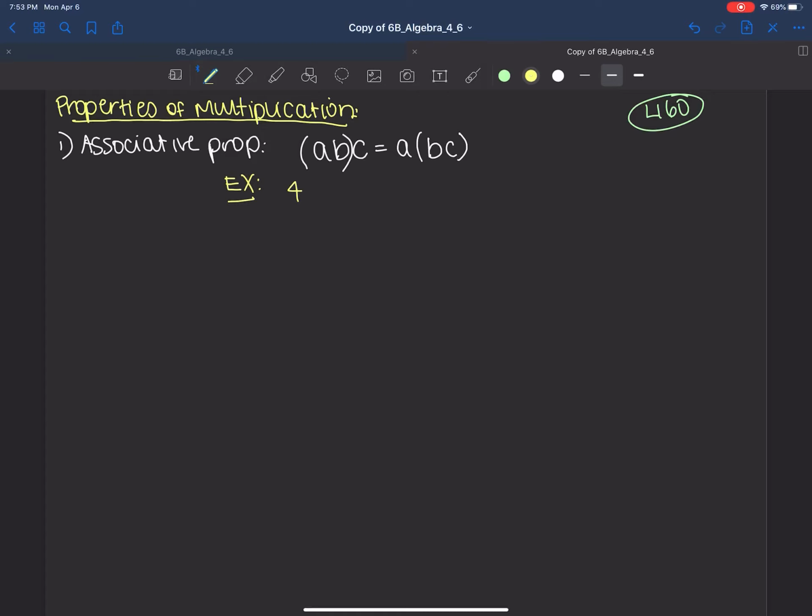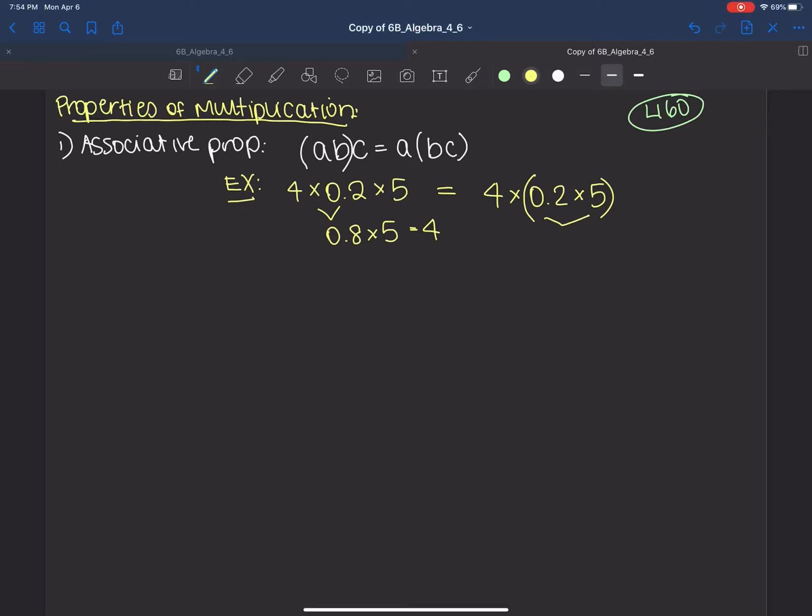Let's consider this example, 4 times 0.2 times 5. If I were to go from left to right, I would first do 4 times 0.2, which is 0.8, multiply it by 5, and I do 40, but I add the decimal point, it's 4. On the other hand, I can try to use my associative property. I get 4 times 0.2 times 5, and the associative property tells me, hey, I can multiply these two first.